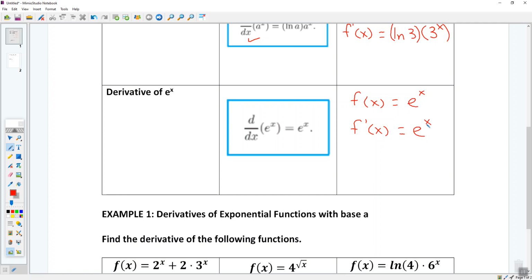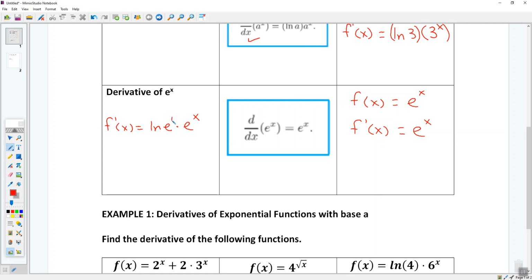Okay, here's how this would really work. If I follow the rule from up top, if our function was e to the x, f prime of x right here would really be the following. I could call this the natural log of e times e to the x like this. But here's the deal. Based on that recall you had, this is really like e to what power right here, kids?